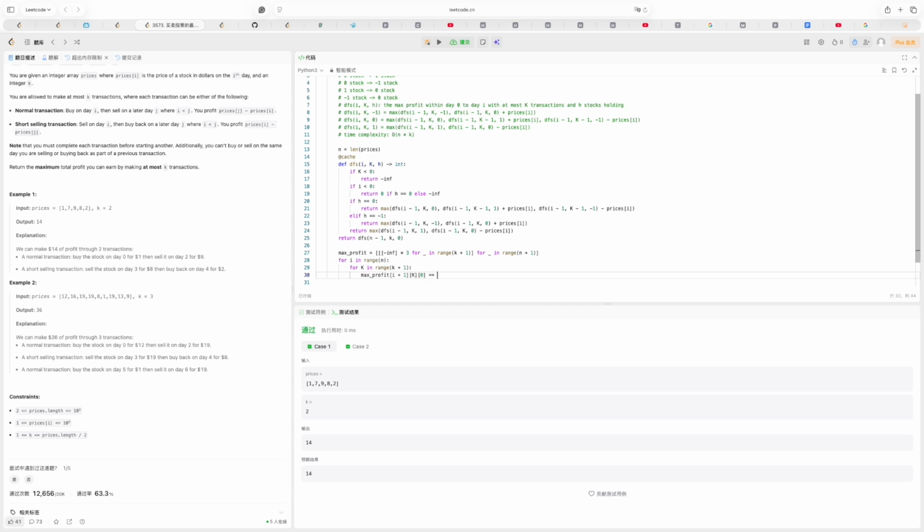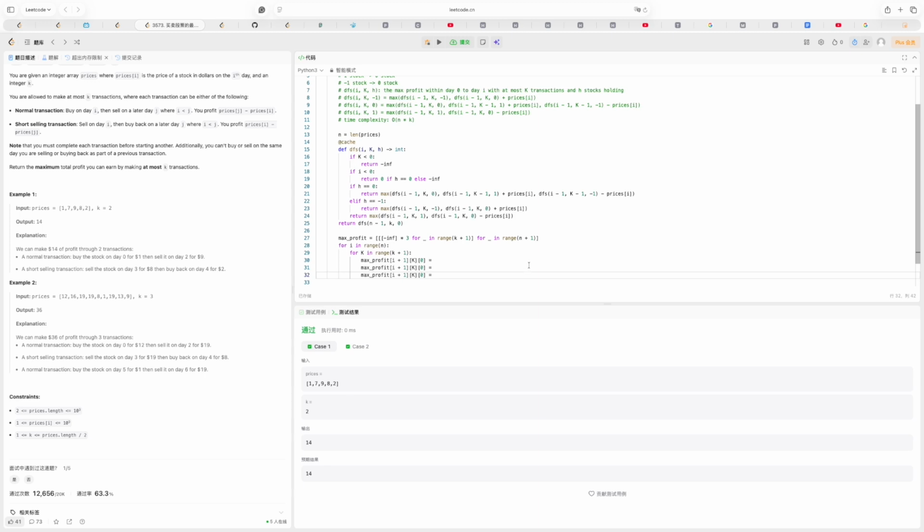We'll have 3, this will be 1, this is 2. And for 0 we have maximum max profit, this is for doing nothing today, so the transaction will not be changed, and we will have 0 stocks holding.